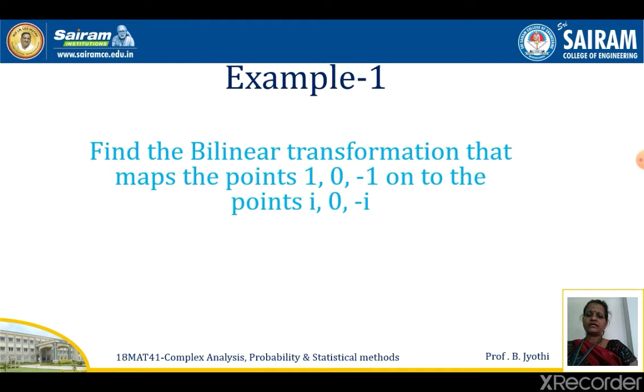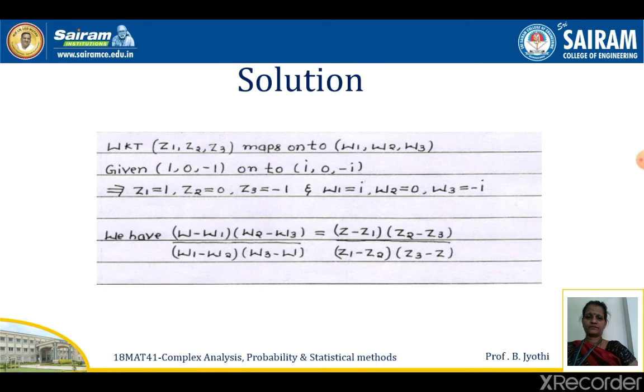Example: find the bilinear transformation that maps the points 1, 0, minus 1 onto the points I, 0, minus I. Solution. We know that 3 points Z1, Z2, Z3 map onto W1, W2, W3.